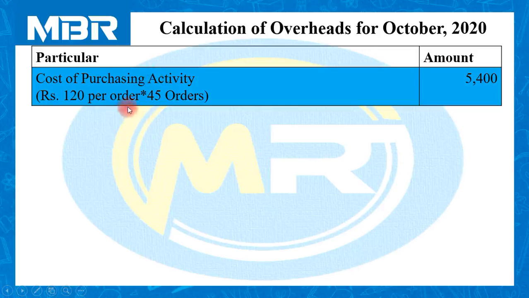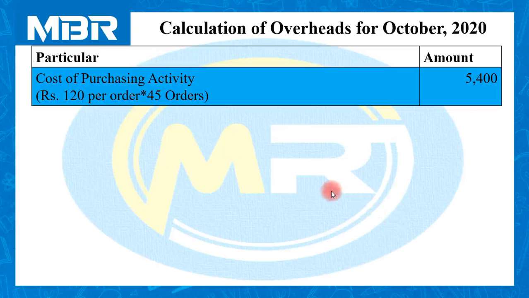As per our calculation, cost of purchasing activity is to be transferred at the rate of rupees 120 per order. And during October 2020, we have placed a total of 45 orders. So 45 orders multiplied by 120 per order. So total cost of purchasing activity allocated for October 2020 is rupees 5,400.